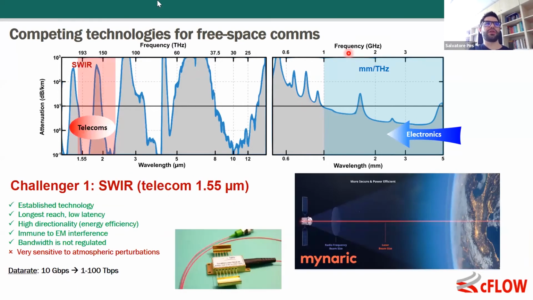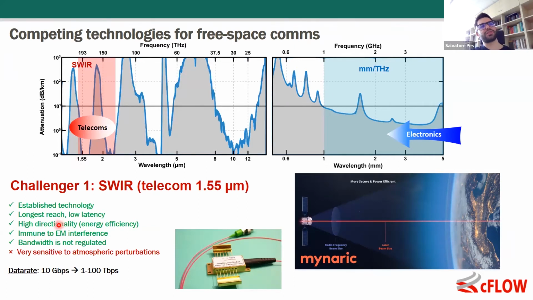Then on the left side of the spectrum, we have another transmission window, the shortwave infrared window, related to all the applications developed for telecoms at 1.55 micrometer. Again, it's a well-established technology that has been pushed by the development of optical fibers and EDFA amplifiers.